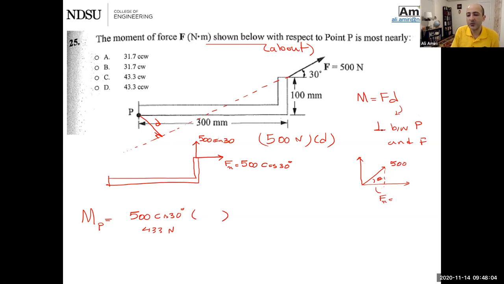The distance is the perpendicular distance between point P and the line of action of that force. This is the line of action of that force. The perpendicular distance is right there. It's given as 100 mm.